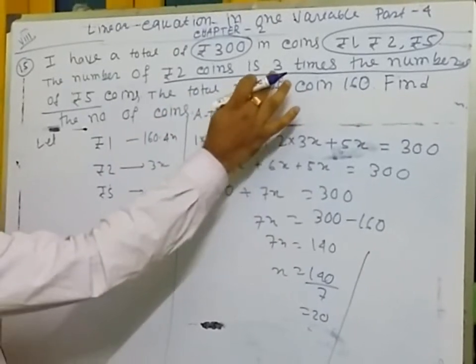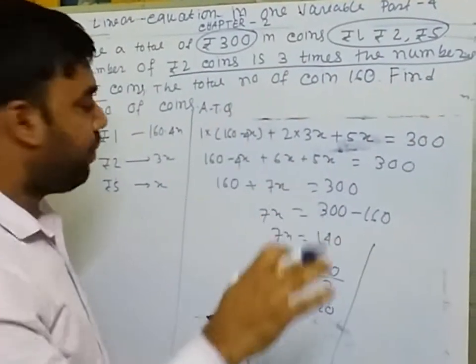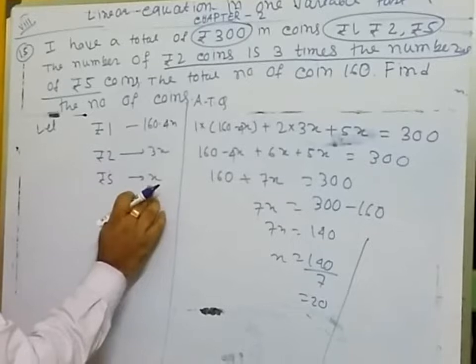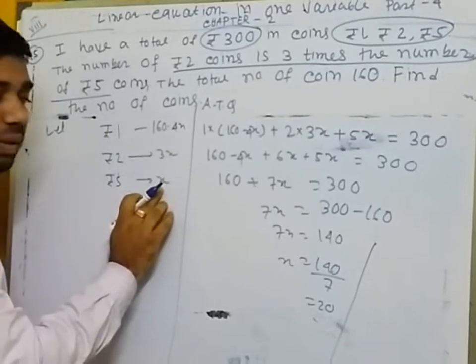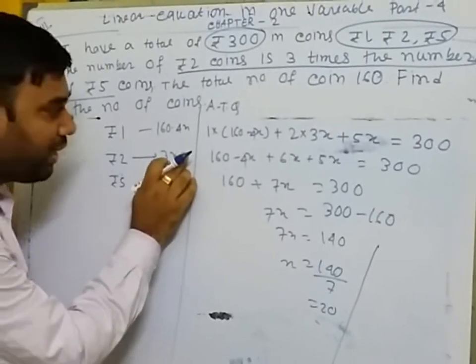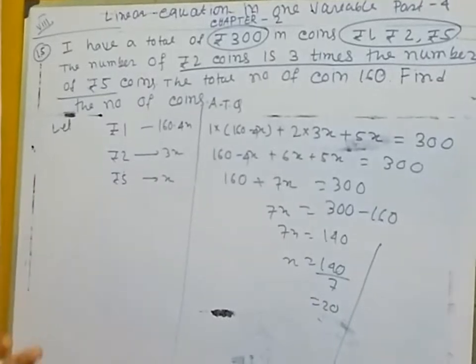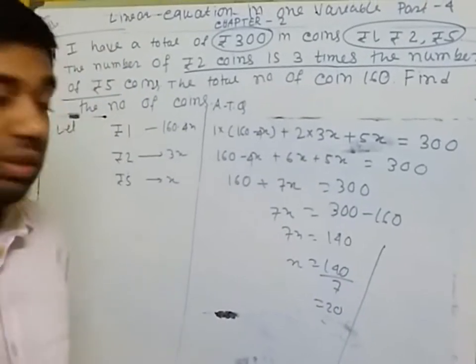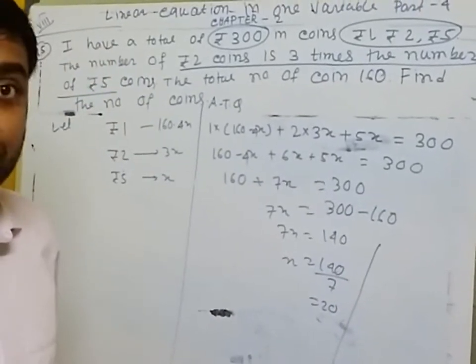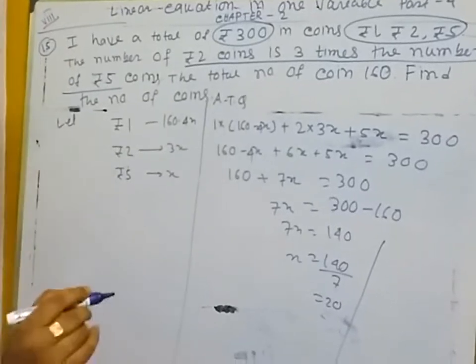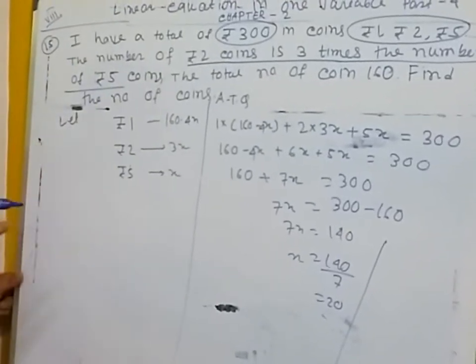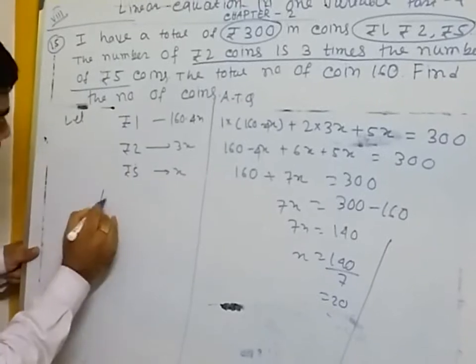As per the condition, the rupees 2 coins are 3 times the rupees 5 coins. So if the number of rupees 5 coins is x, 3 times means 3 into x, that is 3x. Rupees 2 coins are 3x, rupees 5 coins are x, and the total number of coins is 160.